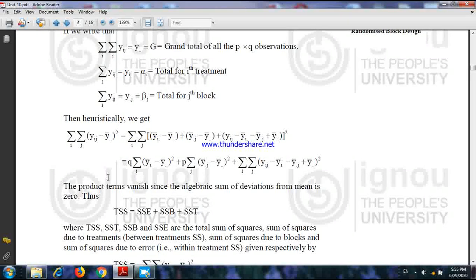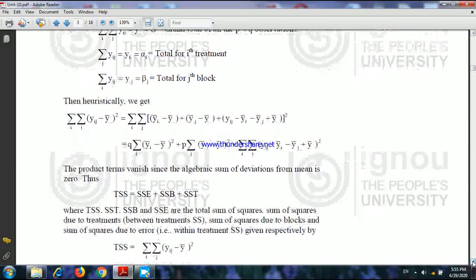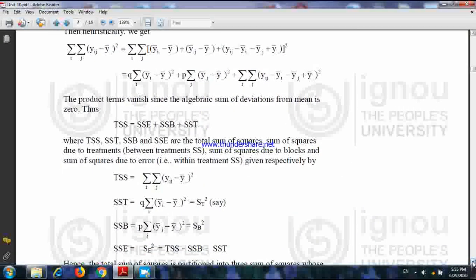So again, this quantity is called TSS, that means total sum of squares, and this is SS due to treatment, this is SS due to block, and this is SS due to error. So you can write TSS equals SST plus SSB plus SSE, where SST equals this and SSB equals this.